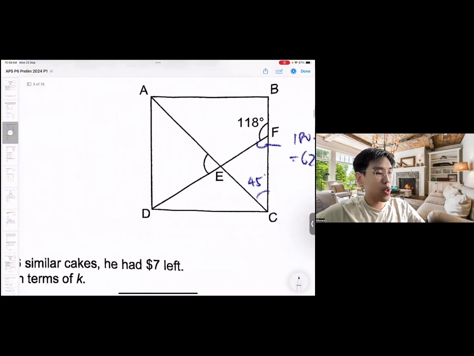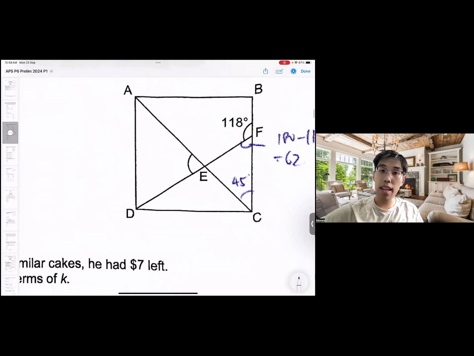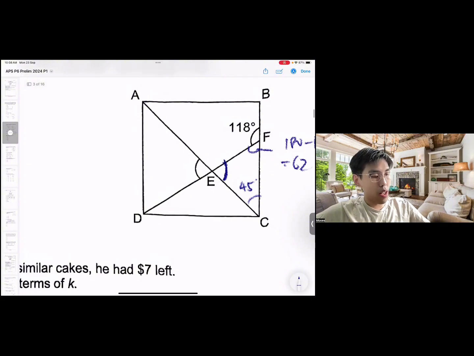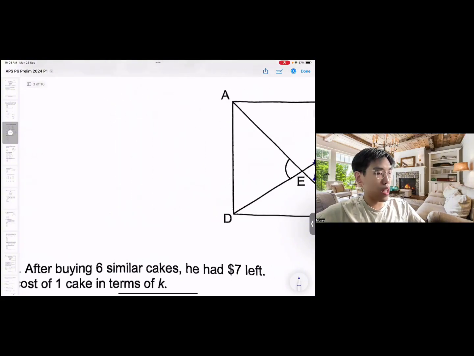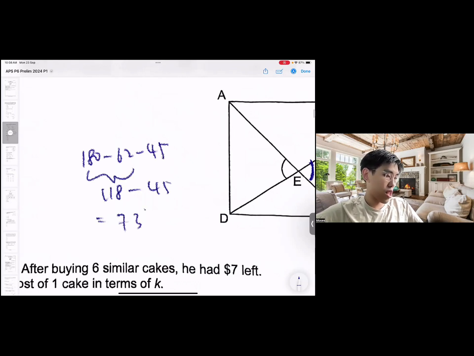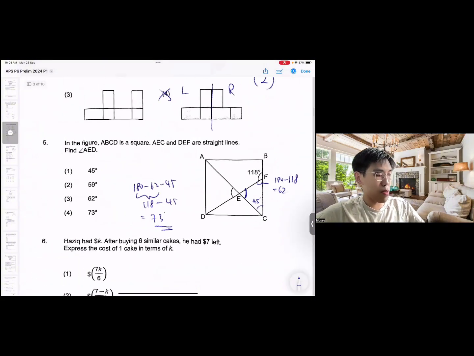Because we want to find AED, AED is equal to FEC because of vertically opposite angles. So to find this, we take 180 minus 62 minus 45. This is 118 minus 45, which is 73. So the answer will be option 4.